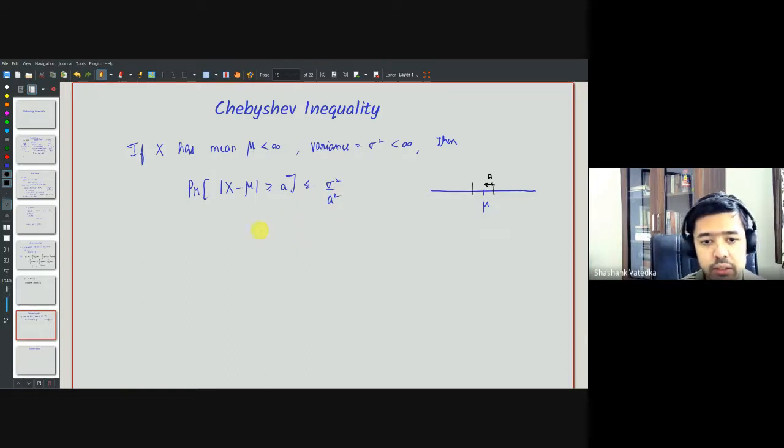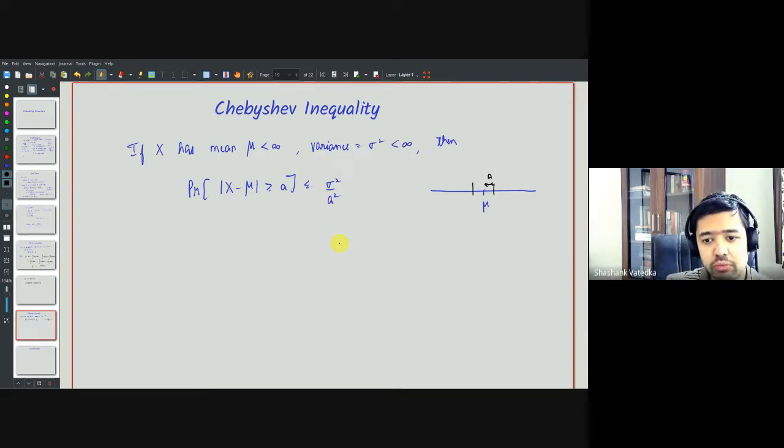Note that this is not very useful if I take a less than sigma, because then the right hand side is greater than 1, and the probability of any event is always less than or equal to 1. So this is really useful for looking at tail events.